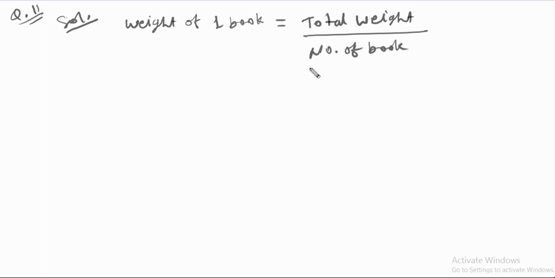If we divide total weight by the number of books, then we can find the weight of one book. It's simple. Total weight upon number of books, so we can find the weight of one book.